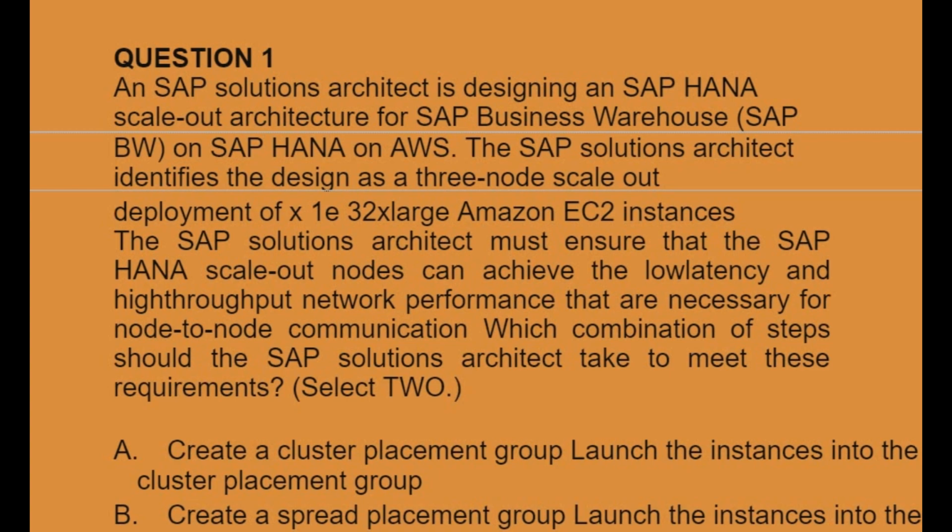The SAP solution architect identifies the design as a three-node scale-out deployment of X1E 32xlarge Amazon EC2 instances. The SAP Solutions Architect must ensure that the SAP HANA scale-out nodes can achieve the low latency and high throughput network performance that are necessary for node-to-node communication.